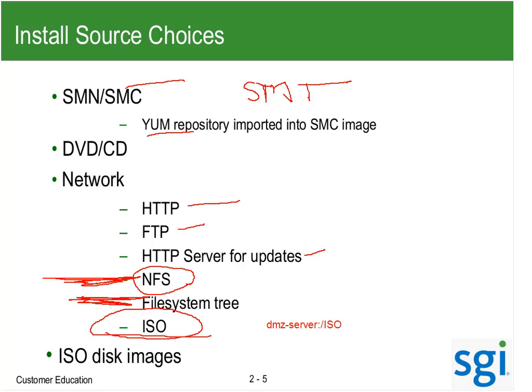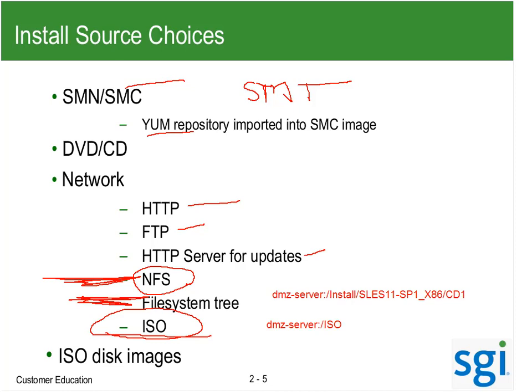And the file system trees were in DMZ-server/install, for example, SLES 11-SP1_x86/CD1. So that's where you're going to find your installation source.